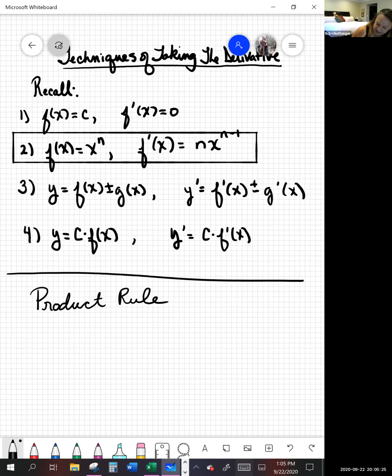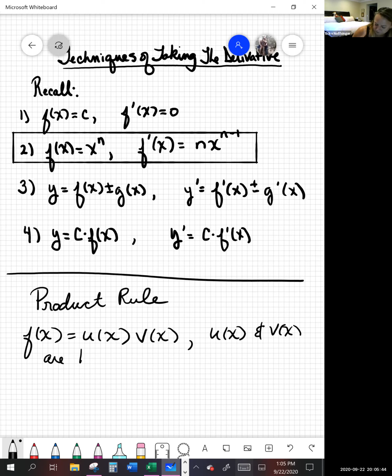So let's say that f of x is equal to two functions, u of x times v of x, and u of x and v of x are both differentiable.